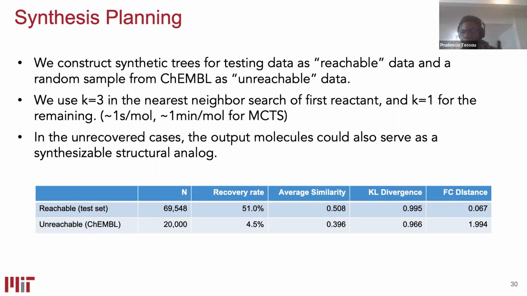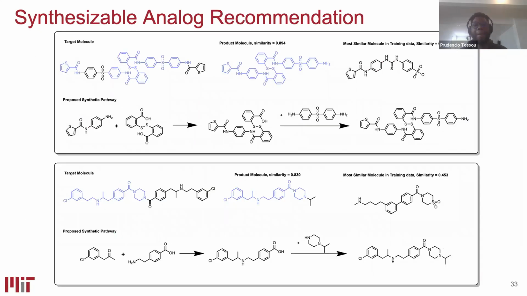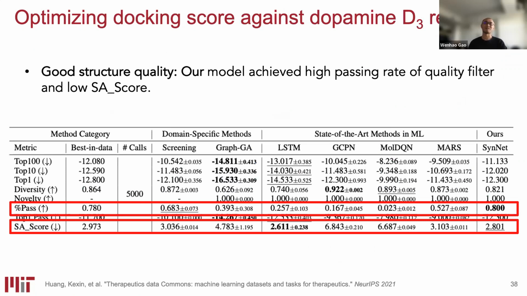Young-Soo is asking, will there be a quantitative measure to compare your work to other methods that consider synthesizability, like ASKCOS and AEDOG? That's a tricky question, because synthesizability is indeed defined by the setting. ASKCOS or the quality filters cannot fully describe the synthesizability we want, so the best way to evaluate synthesizability is to explicitly find the pathway.